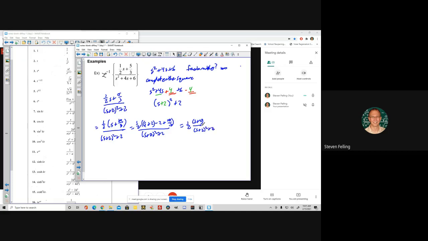Okay. And then I've got this, which is 1/2 times -2 plus 10/3. So -2 is the same as -6/3. So that's going to be 4/3 times 1/2 is 2/3. So we've got plus 2/3, and then just 1 over s plus 2 squared plus 2.